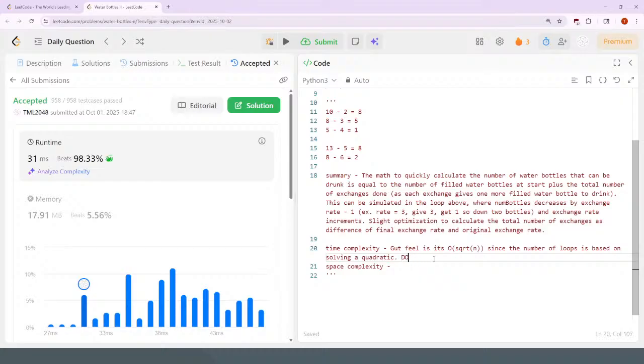However, my last problem from yesterday, I thought was O of log n, but that would be faster than this, and this seems like it should be slower.